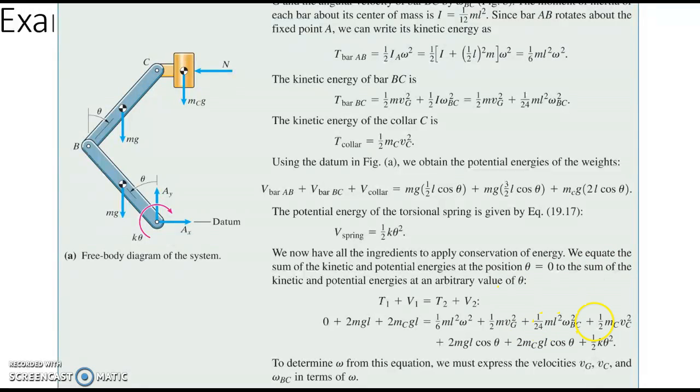So this is my free body diagram of the entire system. I have the weight of the collar, the weight of each bar, the normal reaction from the axle onto the bar, and the reaction forces at the pin A, as well as that spring force that we're told is occurring.